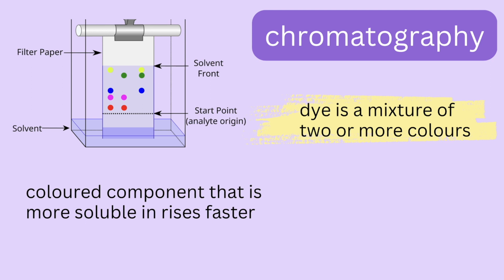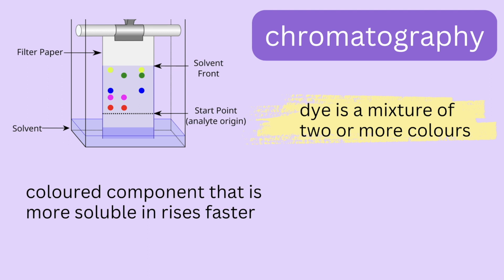Since the colors in the black ink have variable levels of solubility, they rise in different manner and they appear in different spots in the filter paper. So the colored component that is more soluble rises faster when compared to others.